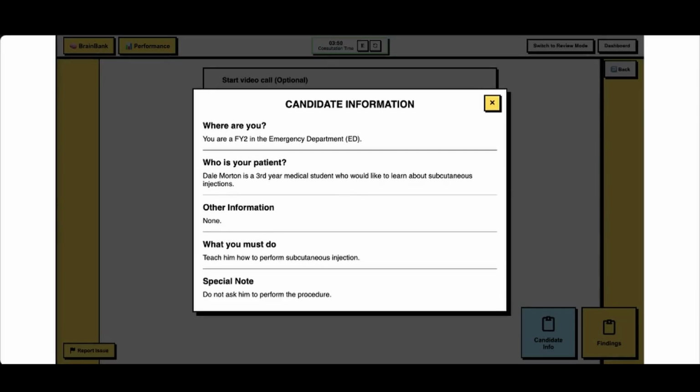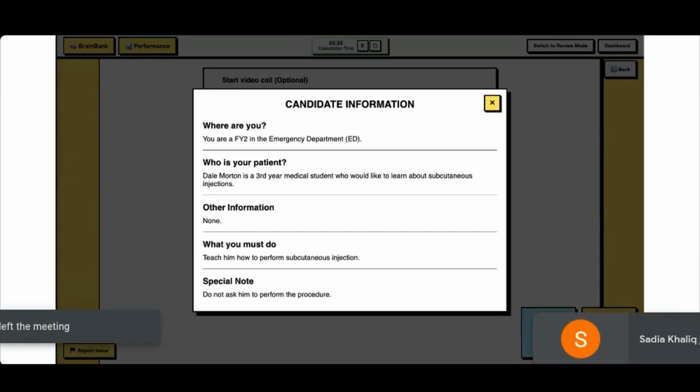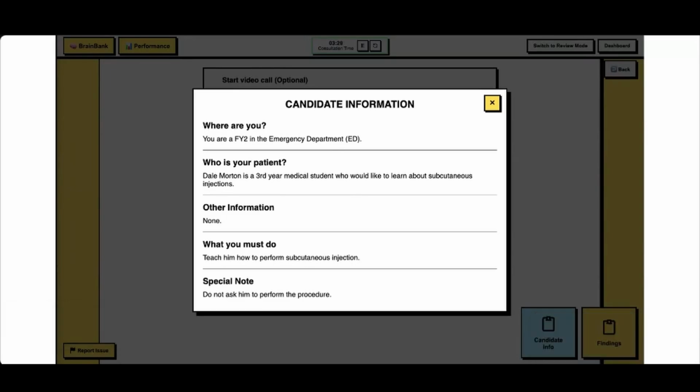Inner thigh is also a good site. Or it could be the arm. The arm also, you could do a subcutaneous injection there. Those are the three most common sites you could use. I see. So, do you have any questions? Feel free to interrupt and ask questions as we go through. Sure, doctor. I'll do that.